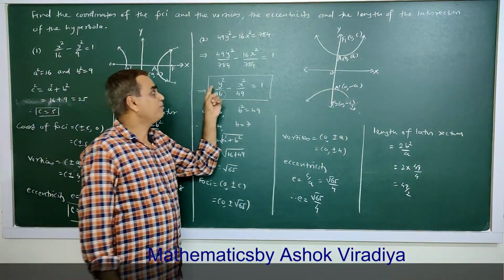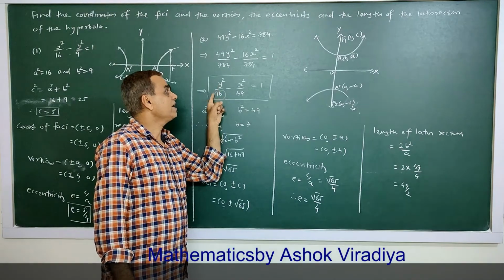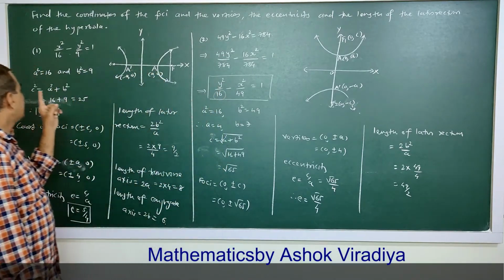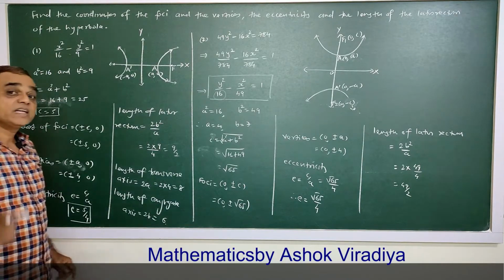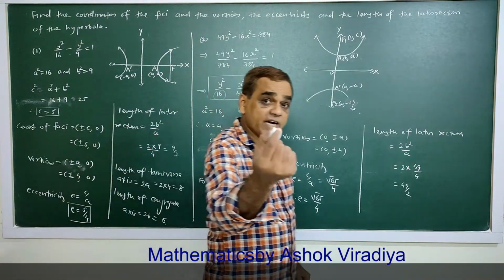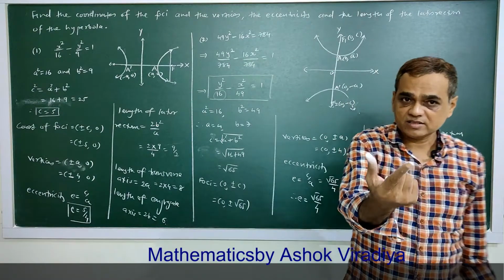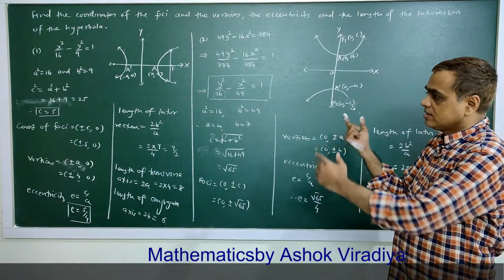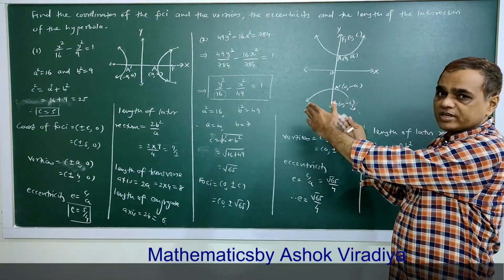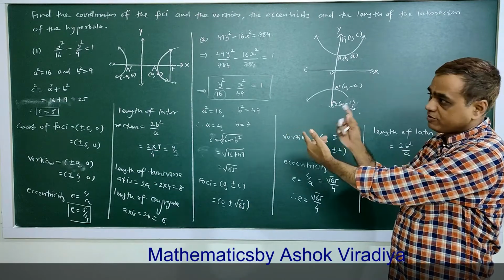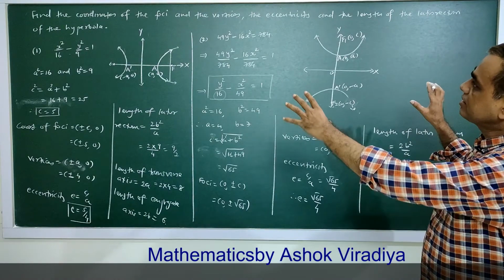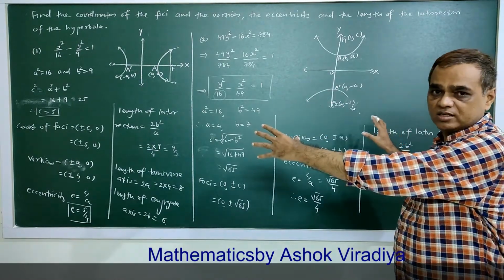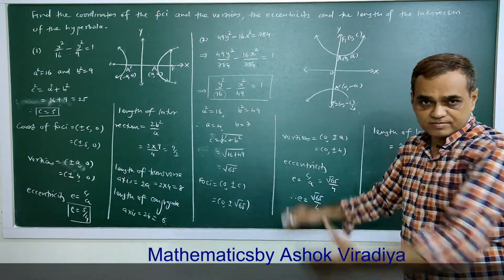Observe the positive term. Y square is positive, take this number as A square. Here x square is positive, this number is A square. In case of ellipse, we took the greater value as A square. Here don't take from greater or smaller, take from positive or negative. So this is the method, application of formula to find values.